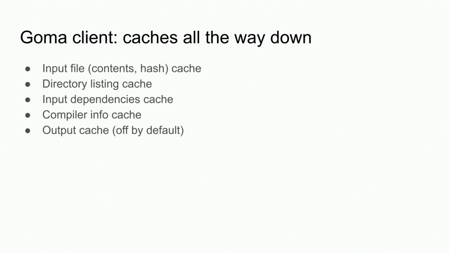There's an input dependency cache, which means you don't have to rerun the optimized preprocessor every time you rerun a job. There's a compiler info cache to quickly return details about the compiler, which is included in the hash that's uploaded. And there's an output cache, which is off by default, and when I tried it, it was no faster than using a network cache.